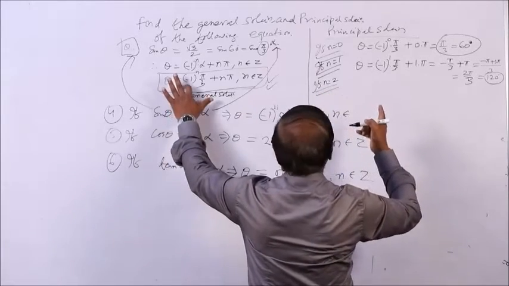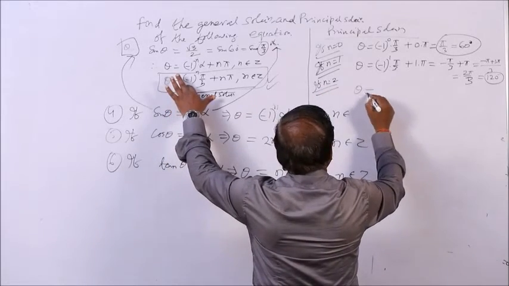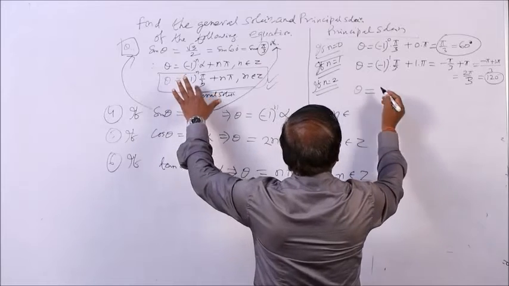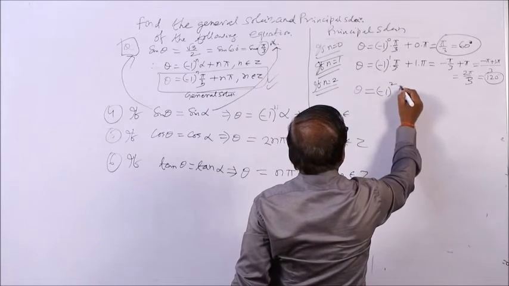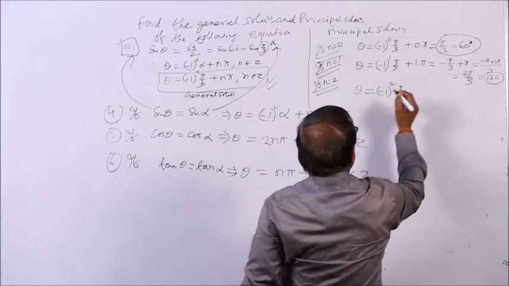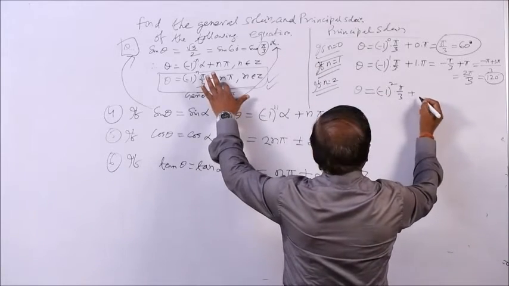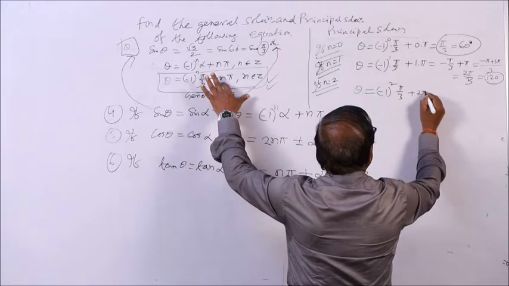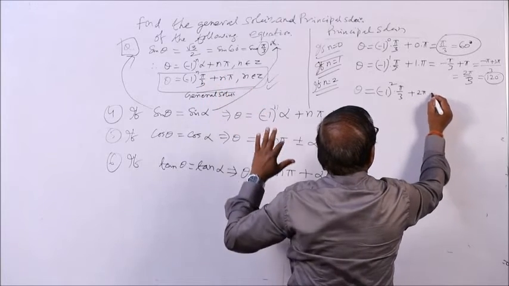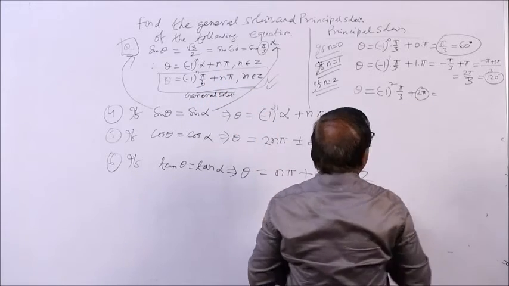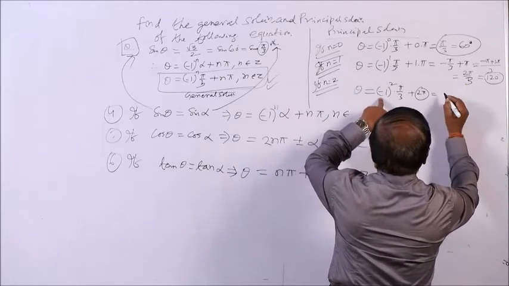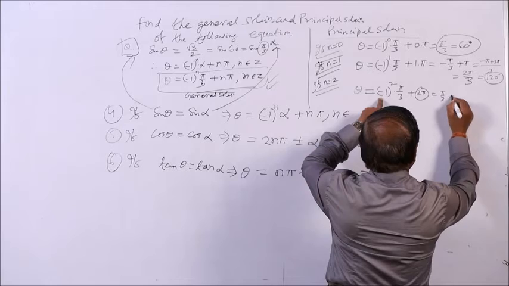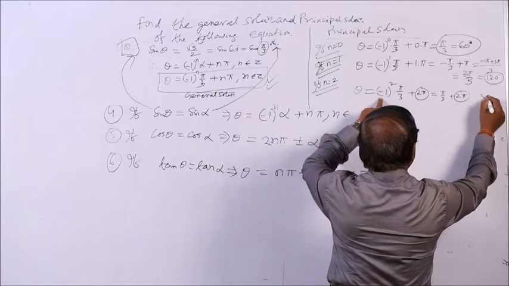Here I am putting theta is equal to, because I have taken n is 2, minus 1 to the 2 into alpha value pi by 3, I have told you, plus 2 pi. So this becomes minus 1 squared is 1, pi by 3 plus 2 pi, but I am not interested in this solution.